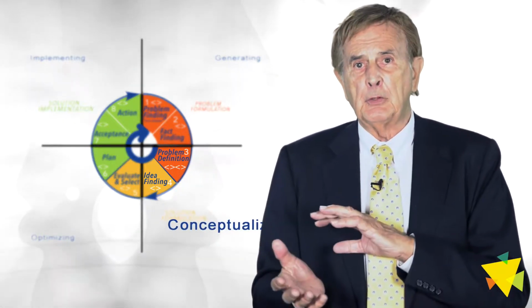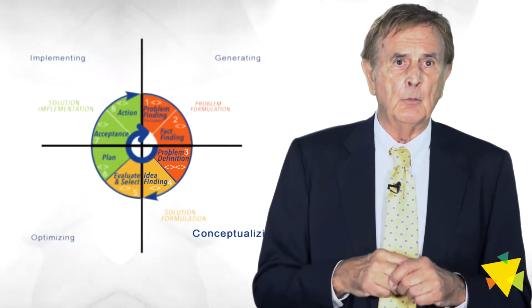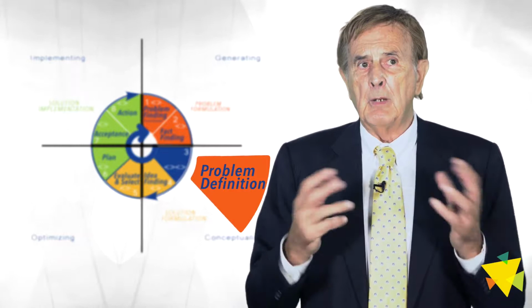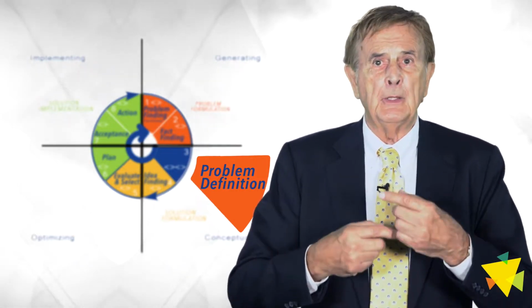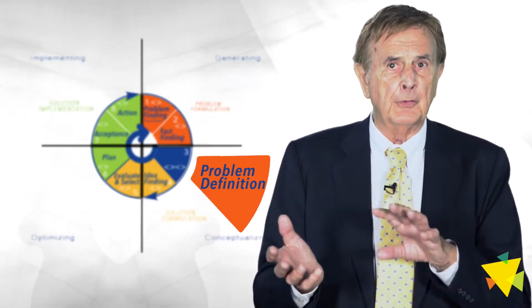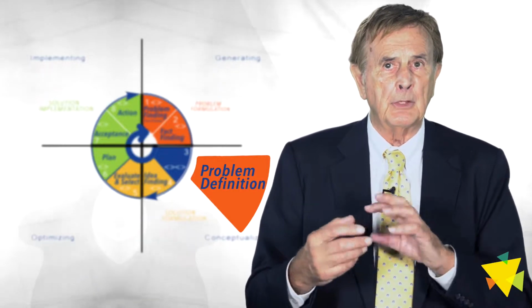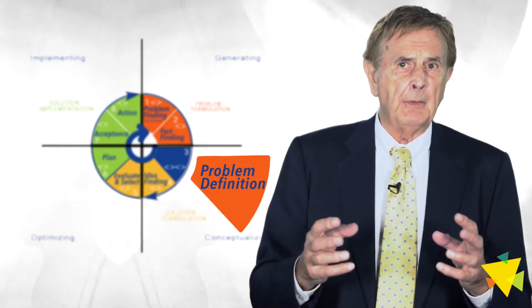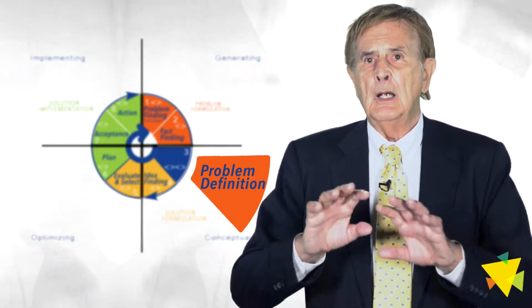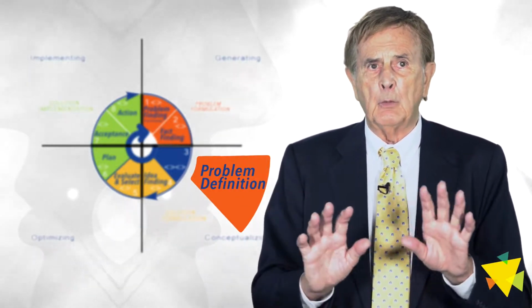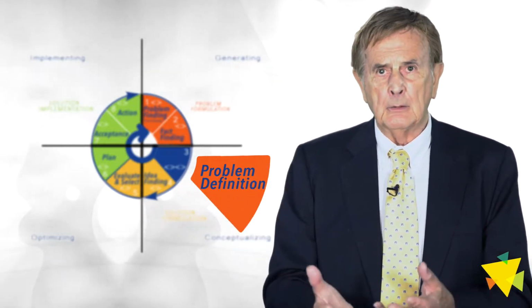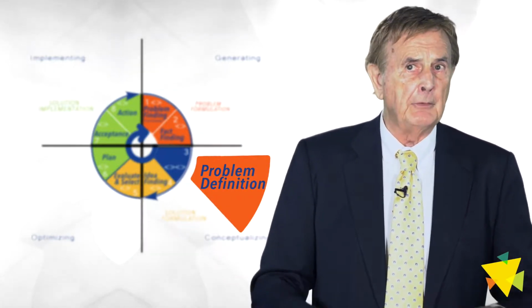Now we move into the conceptualization stage, and there are 2 parts to that. One is called problem definition, where we start using the term how might we, and start developing that information we've gathered in the first stage into challenges, starting with how might we. And then we start asking why and what's stopping us, where we're getting into understanding the problem really, really well in terms of the higher level objectives and the lower level tactical problems that might be facing us.